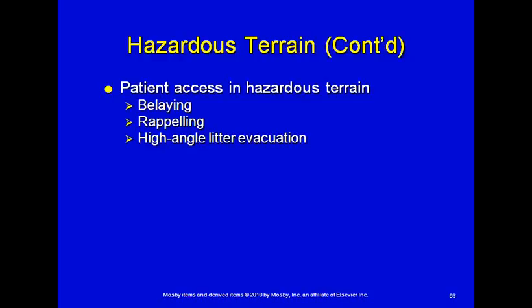Patient access to hazardous terrain, particularly when we're talking about high-angle rescue, requires some skills like belaying, rappelling, a high-angle litter for evacuation. So again, this is something that is carried out by somebody who has training in high-angle rescue, that is very comfortable with rappelling, that is very comfortable with belaying and braking as they rappel, is very comfortable putting a patient in a Stokes basket and then lowering the patient down with ropes.